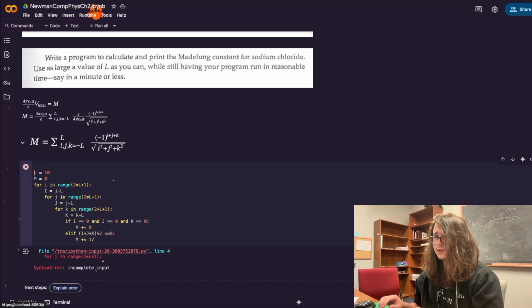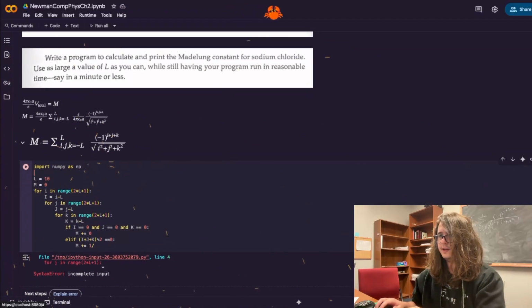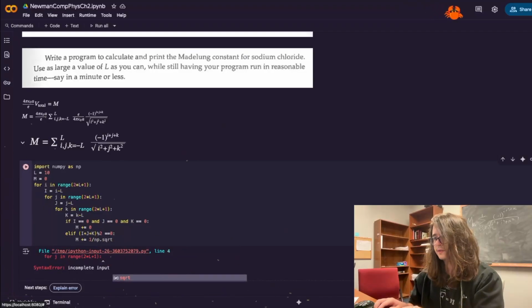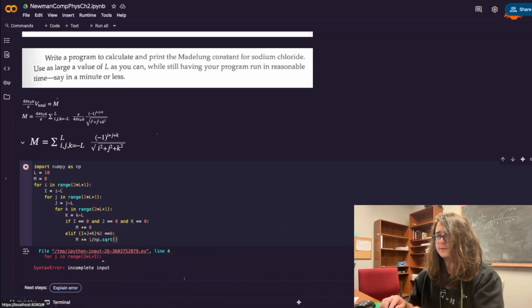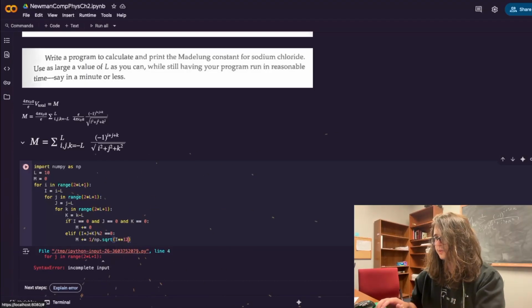We have access to NumPy now, so I'm just going to import all of it as np and then use the square root function. Take the square root of I squared plus J squared plus K squared, right?